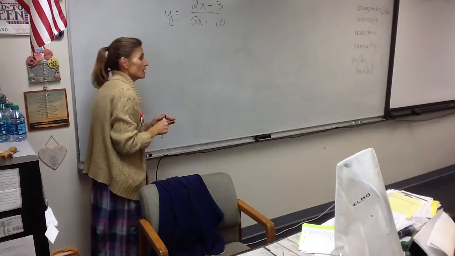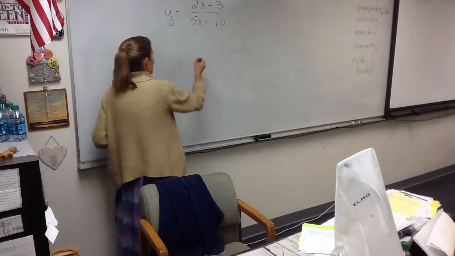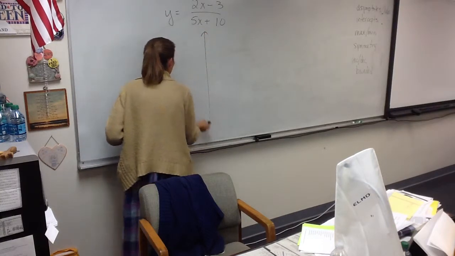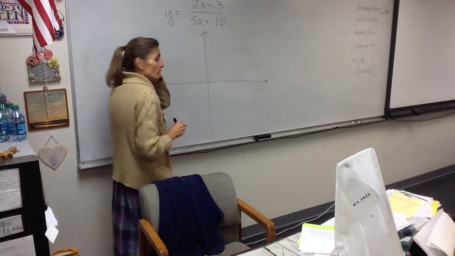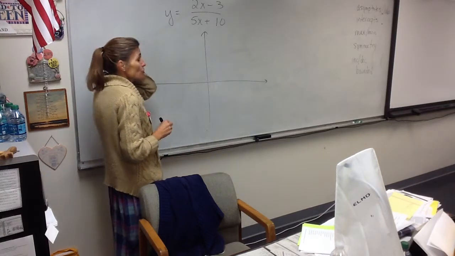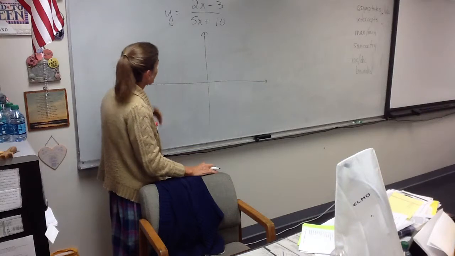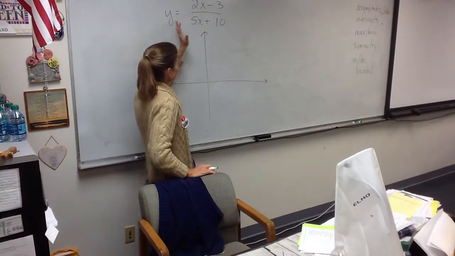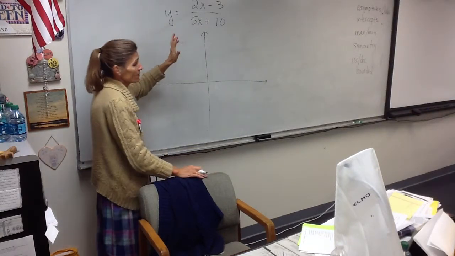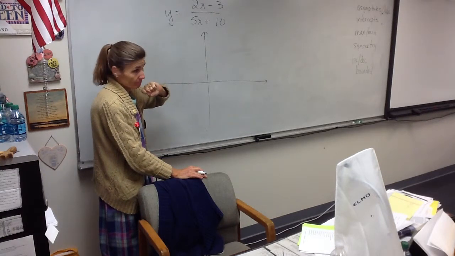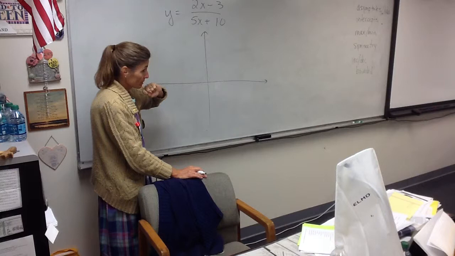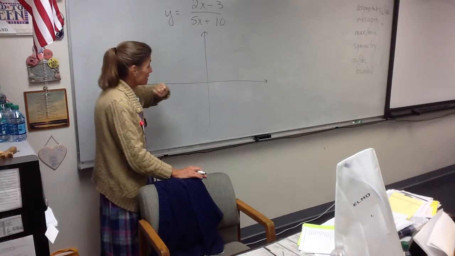Okay. Now, yesterday we spent a lot of time talking about domain. A lot of time. So you should, hopefully, if you were listening yesterday and keeping up, be able to look at this and say, Mrs. Ford, we're going to have a problem if x equals -2. Everybody see that?